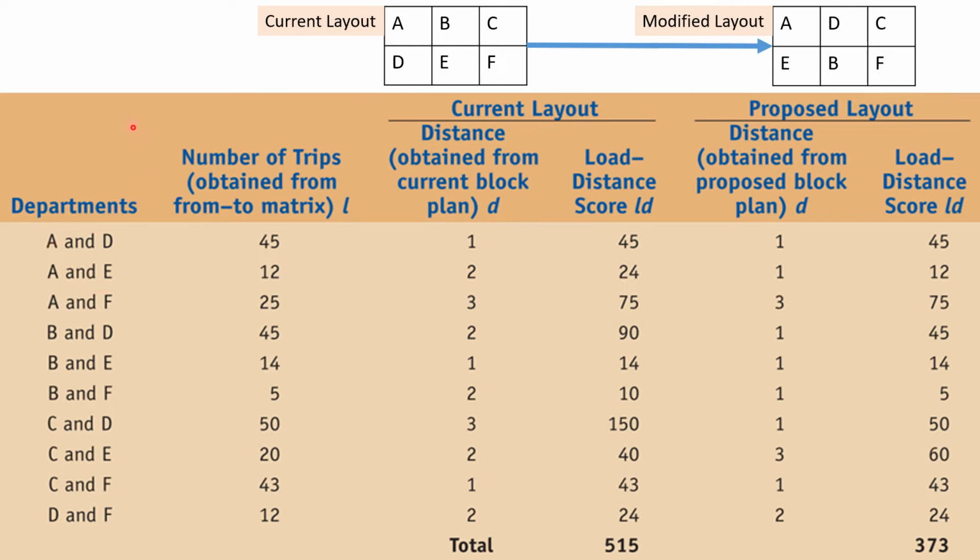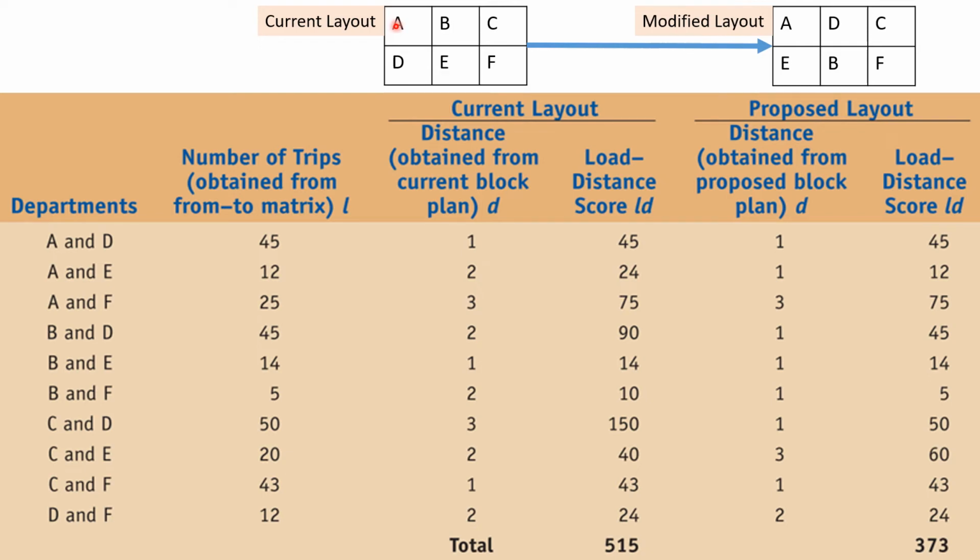And from the from-to matrix, we get the number of trips. These are the number of trips, and these are the departments. So A and D has 45, A and E 12, and F 25, and B and D 45, B and E 14. These are the number of trips with the existing, or we can say the current layout.